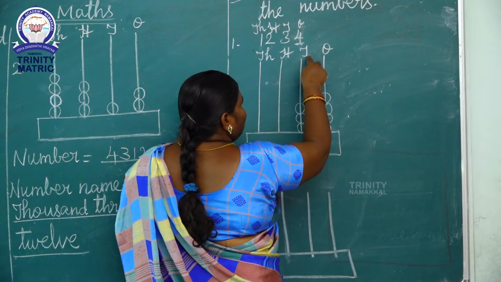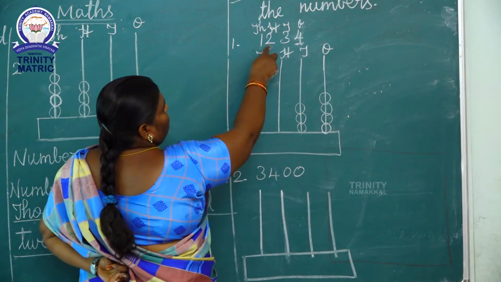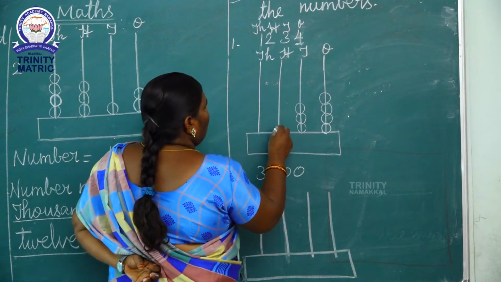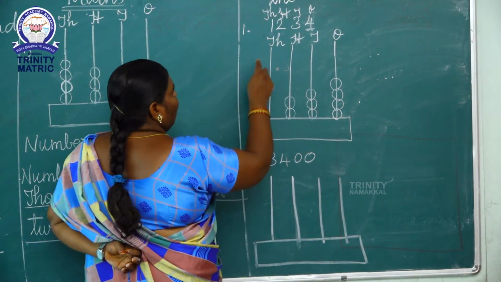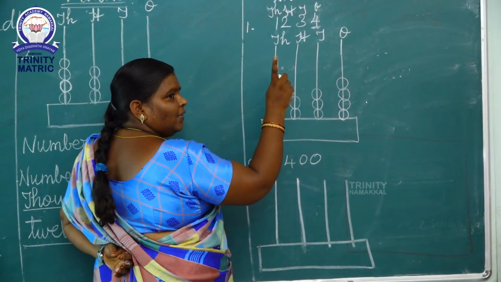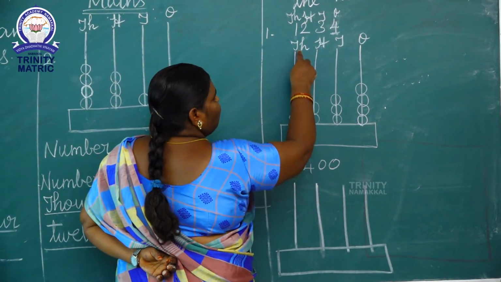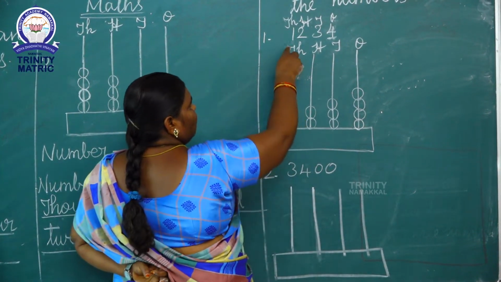So in tens rod you draw 3 beads. Next, 2 hundreds have in hundreds place. So you draw 2 beads in hundreds rod. Okay. Next, 1000 have here. So you draw 1 bead only in thousands rod. I say again. What is the number?